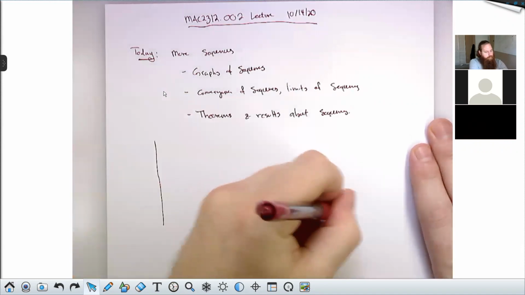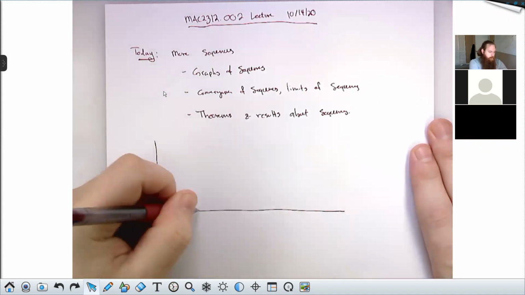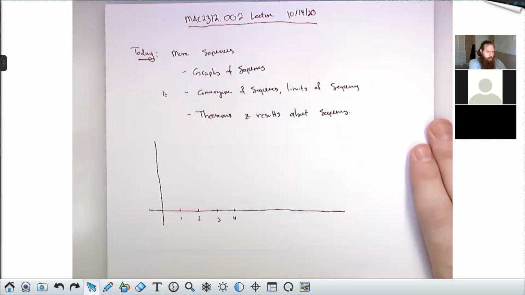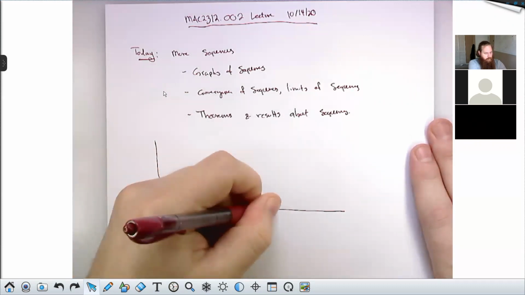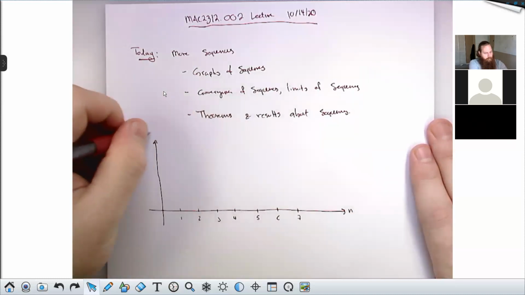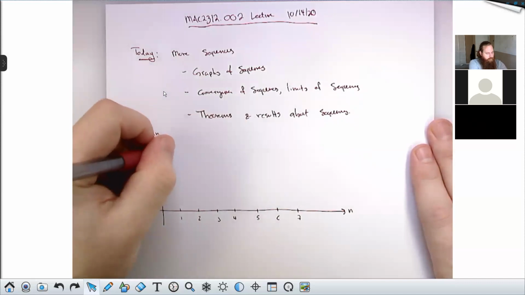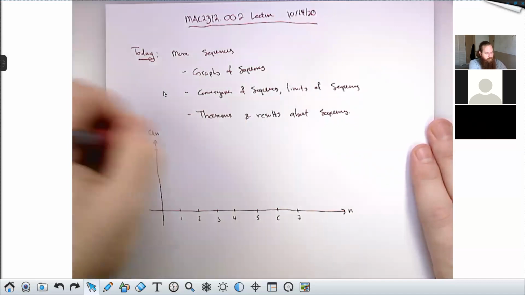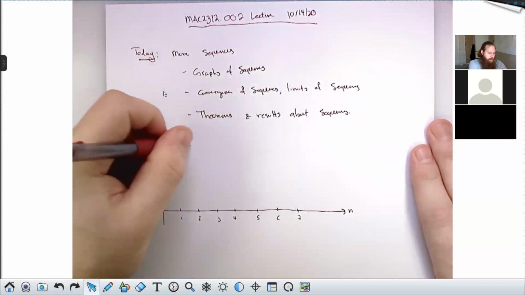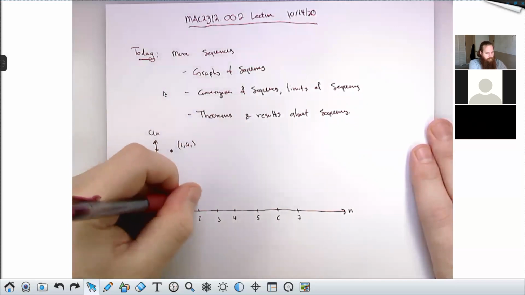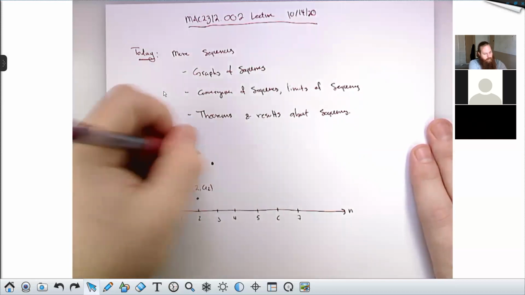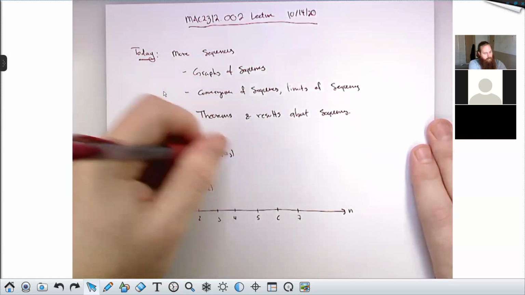So the graph of a sequence looks something like this. It's made up of input-output pairs, so like 1, A1, 2, A2, 3, A3, and so on.